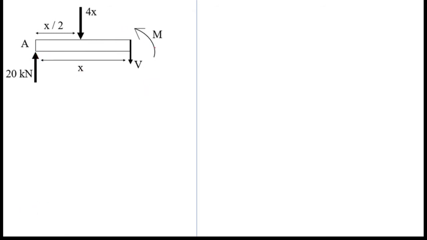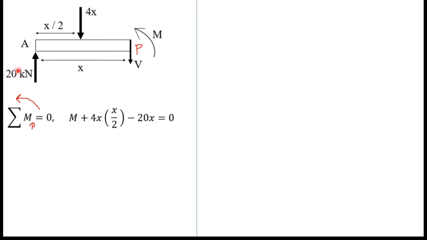In order to find the bending moment, I'm going to take moments about this point, let's say P, in the counterclockwise direction. If I take moments about point P, I will have M, which is this moment, plus 4x, which is this force, with a distance to this force of x over 2, minus 20x, which is this force.